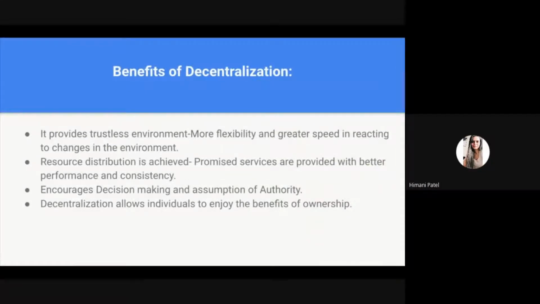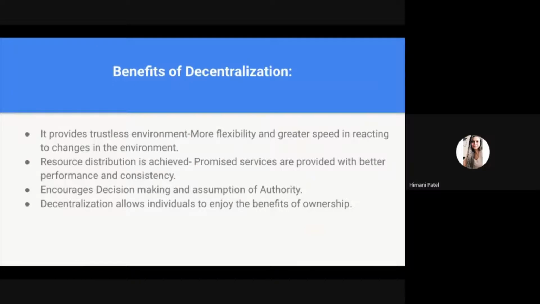Benefits of decentralization. It provides a trustless environment, more flexibility and greater speed in reacting to changes in the environment. Decentralization ensures better control and supervision as the subordinates at the lowest level will have the authority to make independent decisions. Resource distribution is achieved.